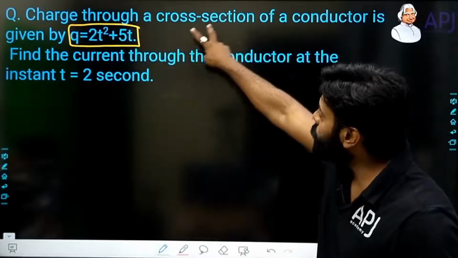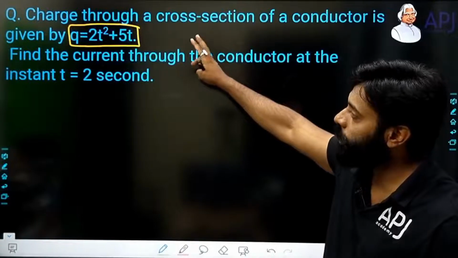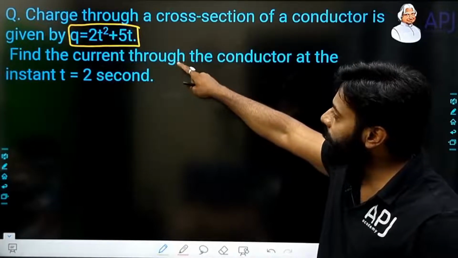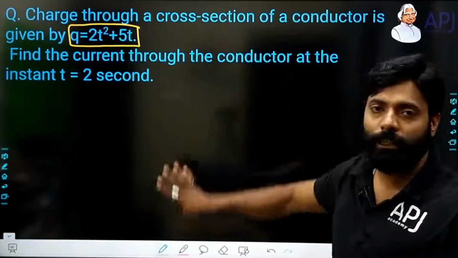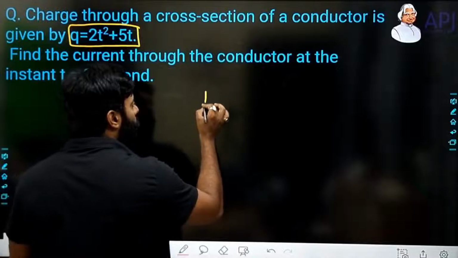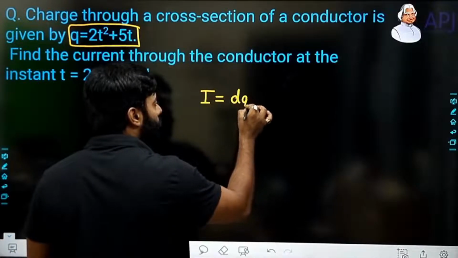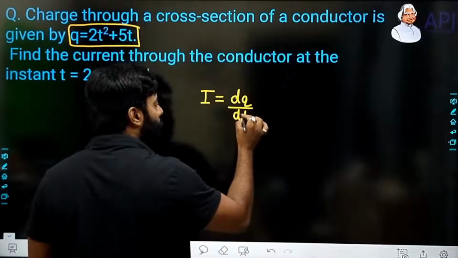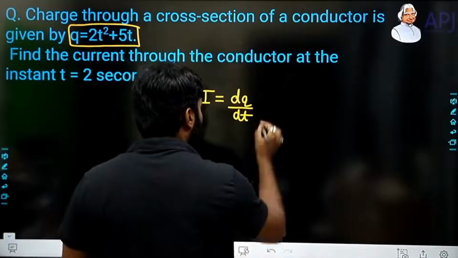Like charge through a cross section of a conductor is given by. So we are provided with an equation of charge. And they are asking us to find the current through the conductor at the instant t is equal to 2 seconds. So first and foremost, I know that if I need to find out current, what I have to do is differentiate this, then it will be dq by dt, right? It must be dq by dt.